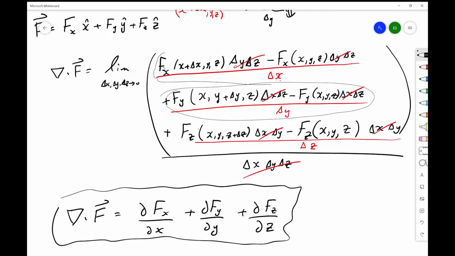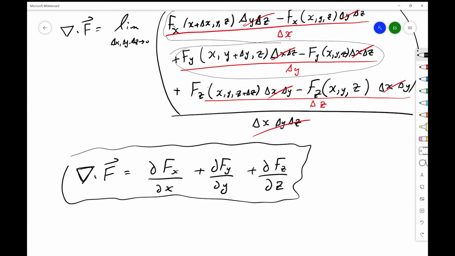So this is how you practically compute the divergence at every point in space. If someone gives you a vector field, this is how you compute the divergence at every point of space. This is only true for Cartesian coordinates, excuse me.